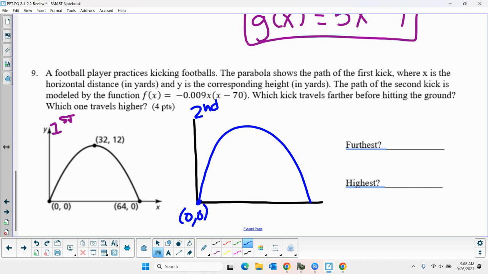And what's that x minus 70 say? It goes 70 yards. That x-intercept is 70. So which one went the furthest, 1 or 2? It went 70 yards. The other one, the first one, only went 64 yards.